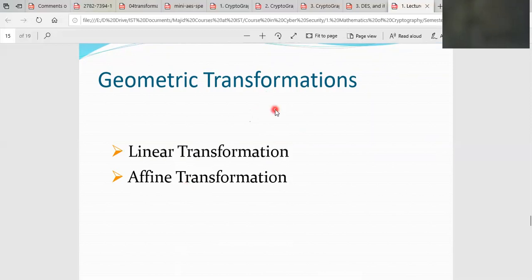In that case, linear transformation is not quite useful, because in linear transformation the origin is always fixed. That is to say, whenever the input is 0, the output will always be 0. But in the case of affine transformation, 0 may not be mapped to 0.